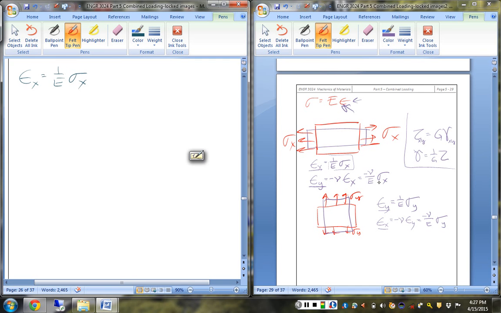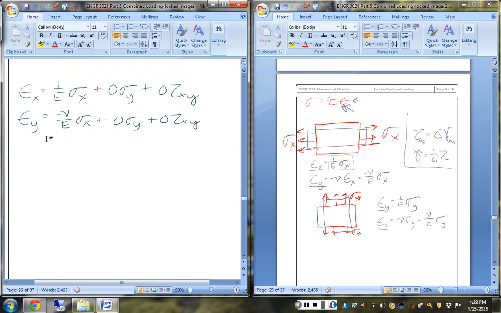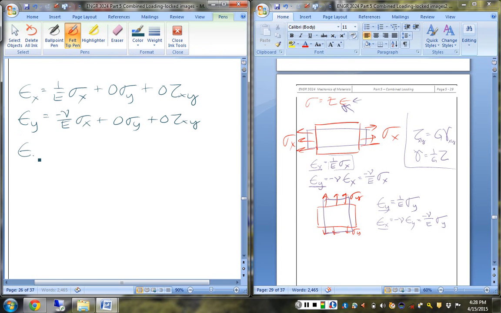It is equal to nothing and nothing. I can rewrite the second one as minus nu over E sigma X and nothing and nothing. Then I've got these other two equations, bear with me, that are not in terms of sigma X, but they are in terms of sigma Y.